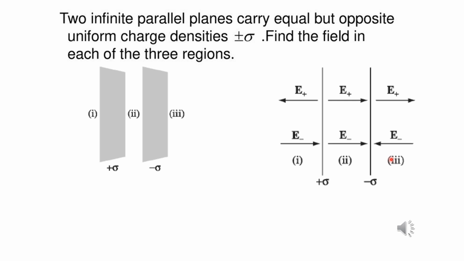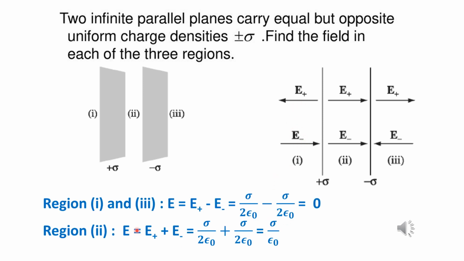In this image we can understand that due to the positive plate the electric field is directed outward, and due to the negative plate the electric field is towards the negative plate. So E positive and E negative have equal magnitudes and opposite directions, so they cancel out in region 1.